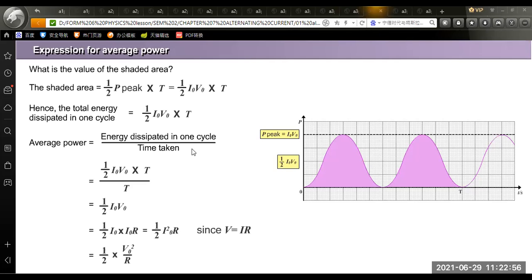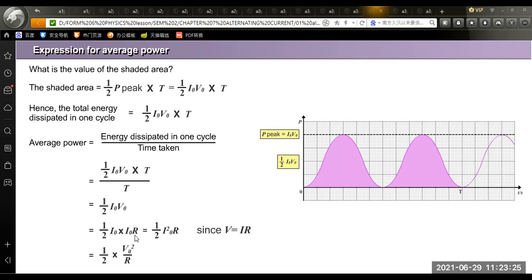Now, what is the value of the shaded area? The value of the shaded area is equal to 1/2 of the peak. So we just apply the formula. The energy dissipated in one cycle is 1/2 I naught V naught T over T, so at the end we get 1/2 I naught V naught.